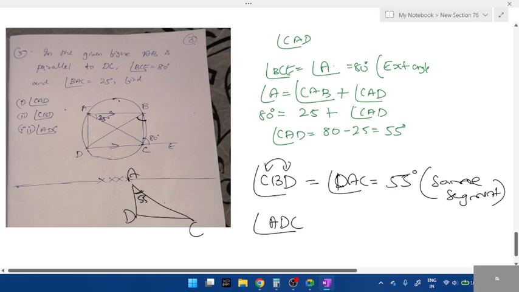Next, according to cyclic quadrilateral, what is this angle? 180 minus 80 is? How do you find ADC? Who can answer?